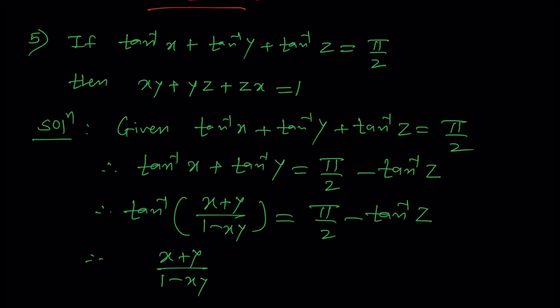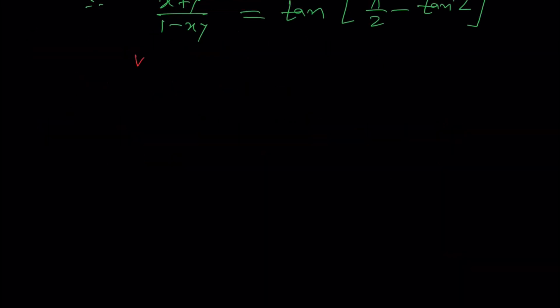Therefore, x plus y upon 1 minus xy can be written as tan of pi by 2 minus tan inverse of z. Now, using tan of pi by 2 minus theta is equal to cot theta.